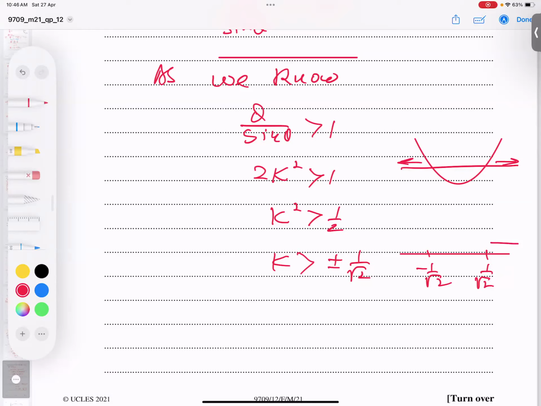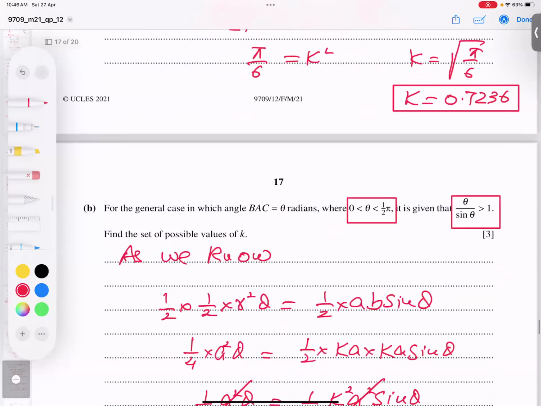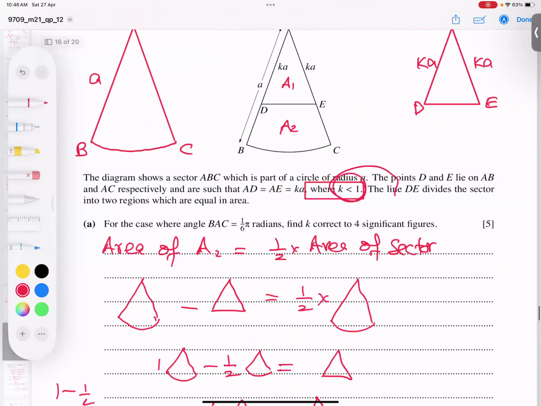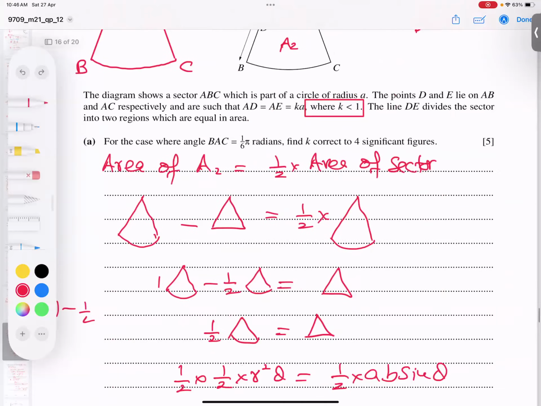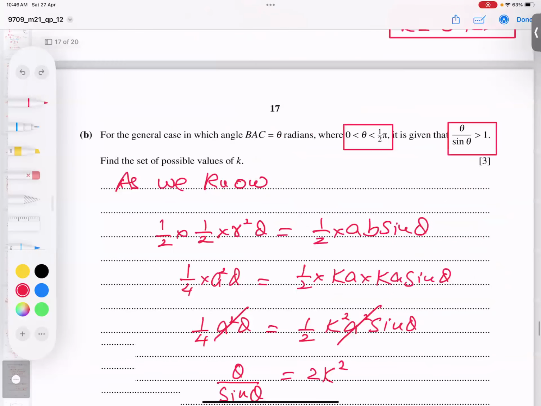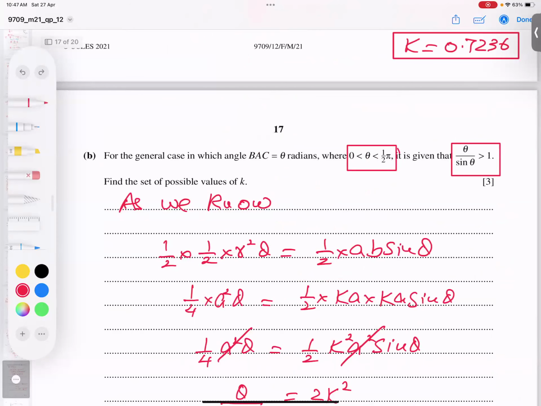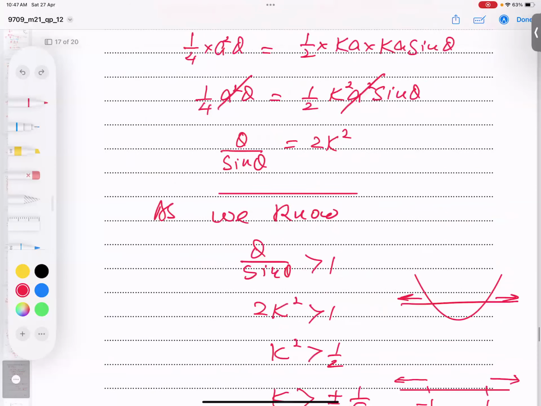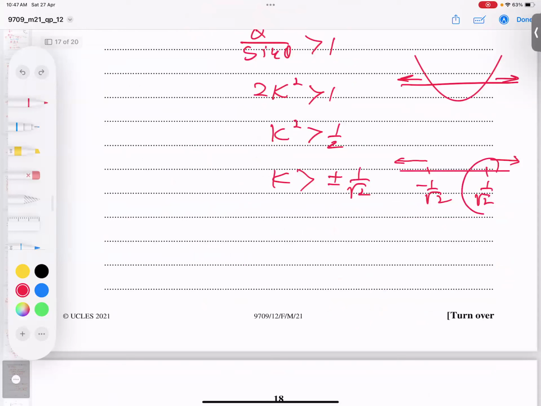But you know, we have to go back to the question here. K is less than 1. And in this particular condition, and in second number, we have been given this first quadrant. So it means I have to start from here and end where? Till 1. So k value is bigger than half.